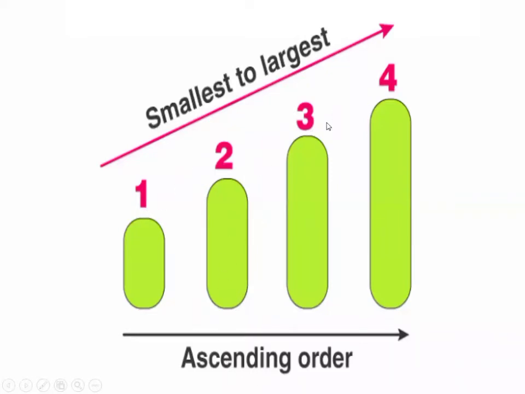So these numbers are arranged in ascending order from smallest to largest. In these numbers, 1 is the smallest number and 4 is the largest number.